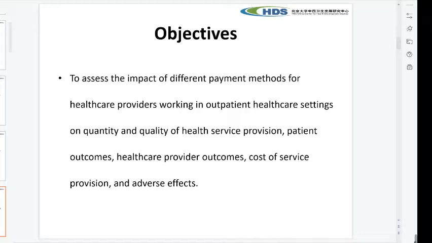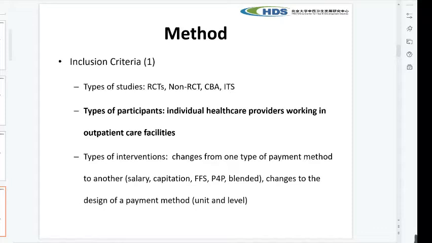This Cochrane review aims to assess the impact of different payment methods for healthcare providers working in outpatient healthcare settings. Our methodology follows the Cochrane guideline and the guideline suggested by the EPOC Centre. I just want to mention several points which are special in this Cochrane review in the methodology part.